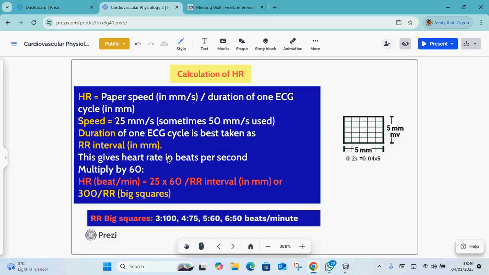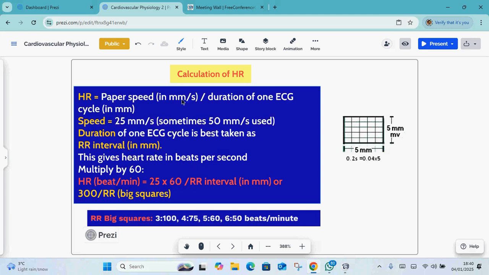So if you divide the speed, which is 25, by the distance between the RR in millimeters, you get the heart rate in beats per second. To change it into heartbeats per minute, you multiply by 60.